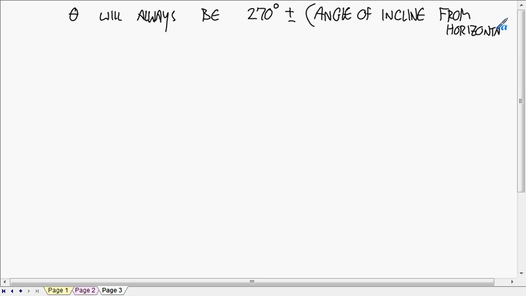This is the angle that's usually given. If that angle from horizontal is 30, it's always going to be 270 plus or minus 30. And so really the main thing you have to do is just figure out whether it's going to be 270 plus 30 or 270 minus 30.